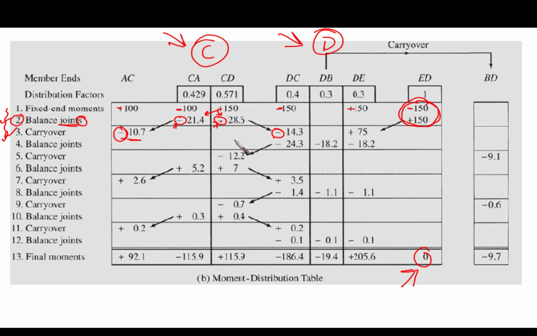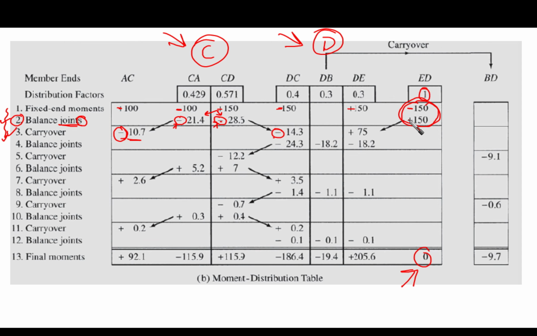Okay, and then, yes, sorry, I forgot to say that we should balance this joint, which is joint E. So we have minus 150, minus 150. So it should be balanced with, yes, 150 positive, and the distribution factor is going to be 1.